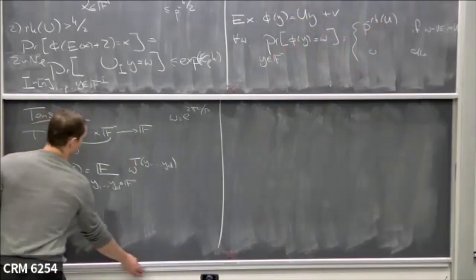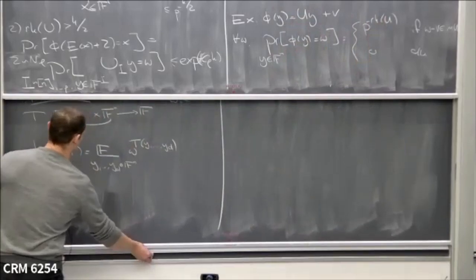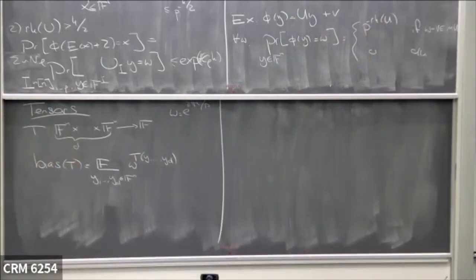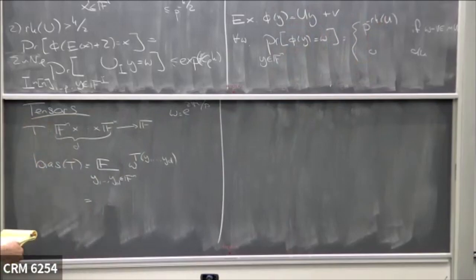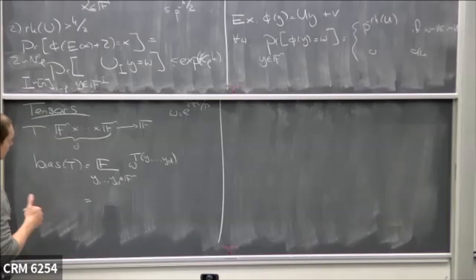Okay, so here's one expression for the bias. There's another expression that Harm wrote down that allows you to rewrite this as follows. This is also equal to the probability that a degree d polynomial map naturally defined by T is equal to 0.